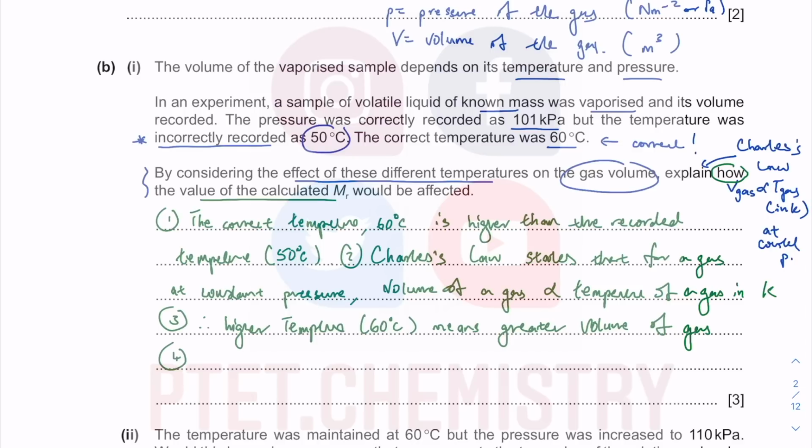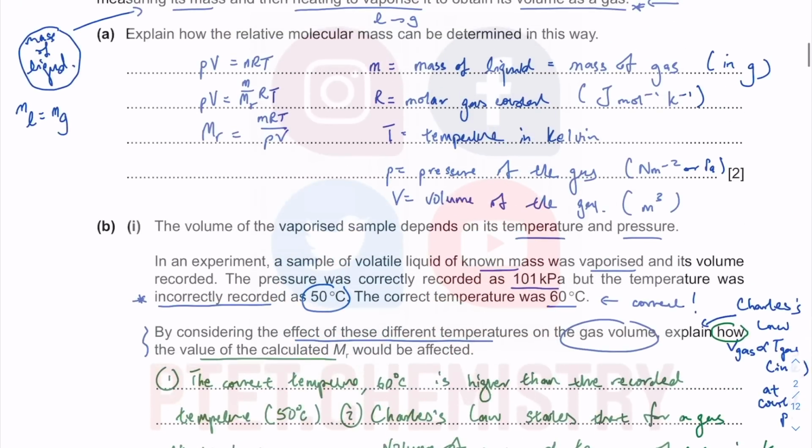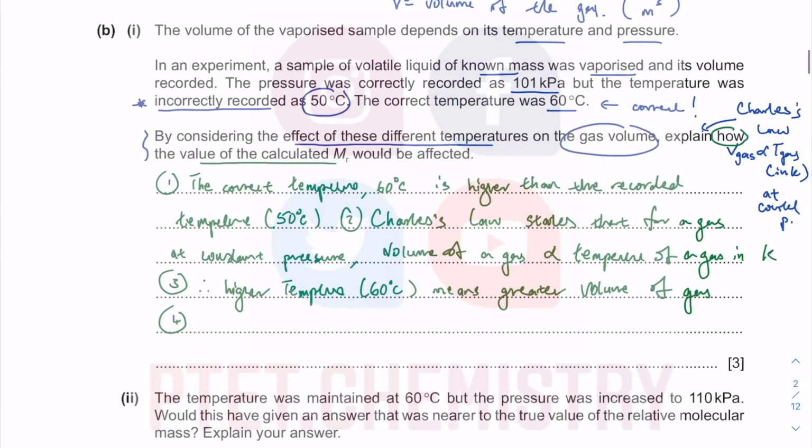So you need to compare the calculated MR for 50 degrees Celsius versus 60 degrees Celsius, right? I started by saying the one with higher temperature would mean greater volume of gas. So if you go back to the equation, MR equals MRT over PV.